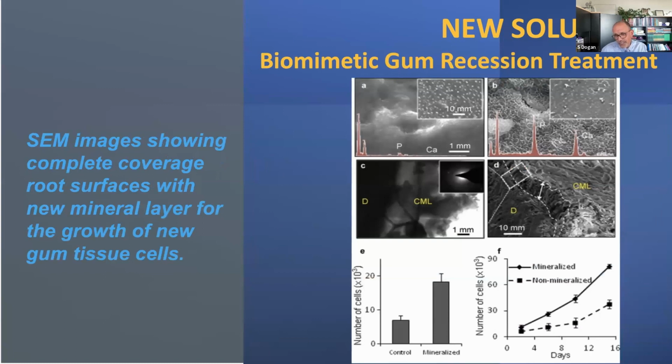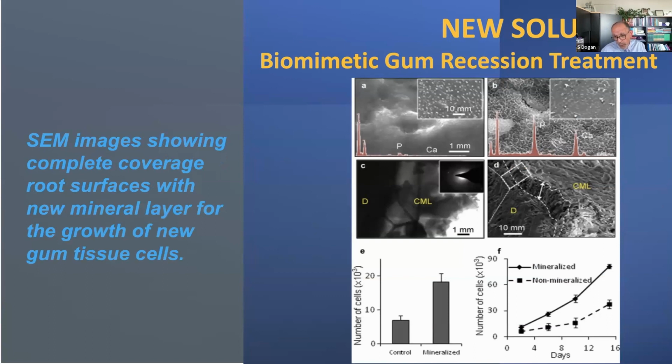Also, we tested this peptide. Okay, if we have a gum recession, can I have new tissue growth on the root surfaces after I lose all my gum because of the recession? And we worked on the root surfaces. It's a bench study.